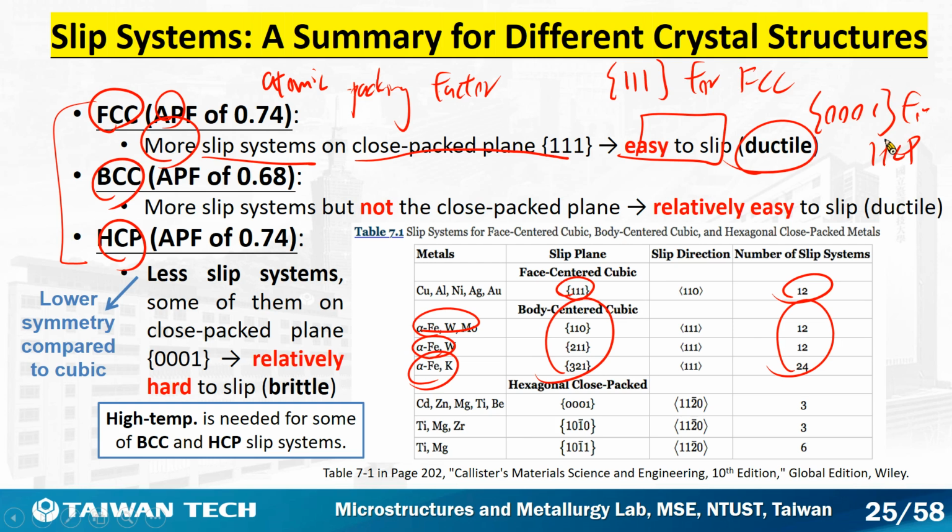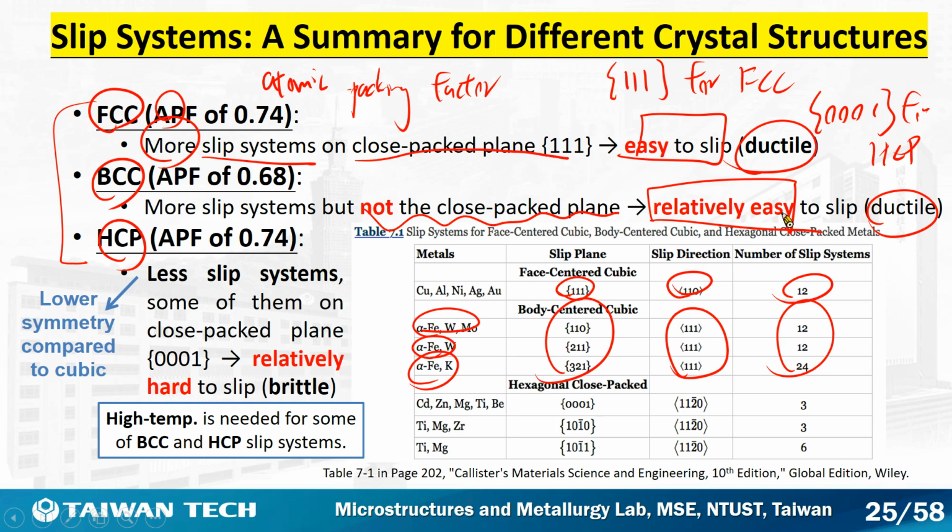Okay, so for BCC, there are no close-packed planes. We only have planes with the highest planar density. However, we do have the close-packed direction here. So although it has a lot of slip systems, none of them belong to close-packed planes. So for the ductility, it is still good, but it's just not as good as FCC metals.